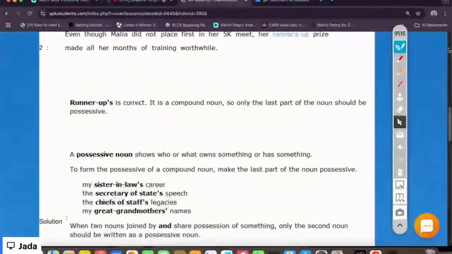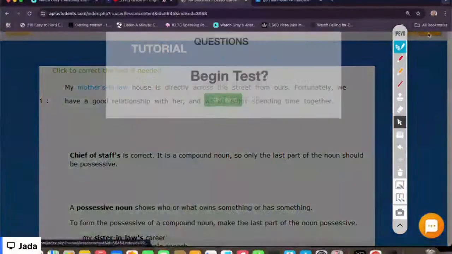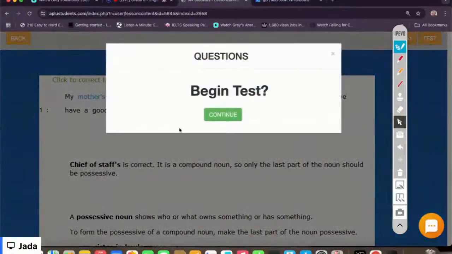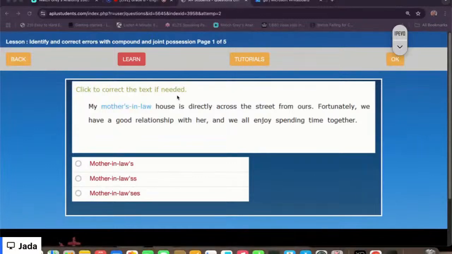All right, so let's look at the test now. Share your answers with me if you know them. My mother's in-law house is directly across the street from ours. Fortunately, we have a good relationship with her. So is it the first, second, or third?